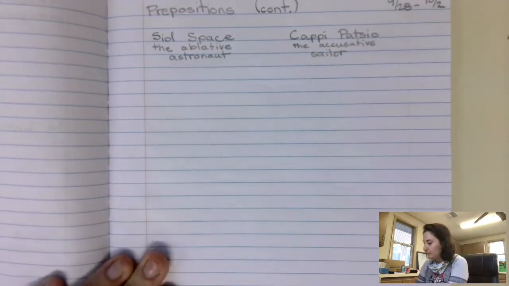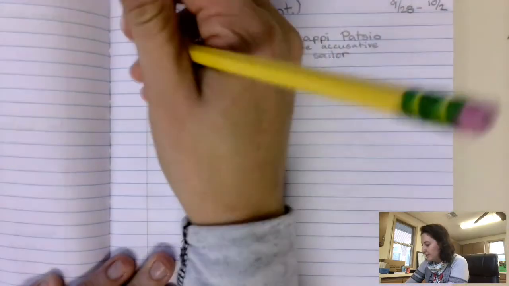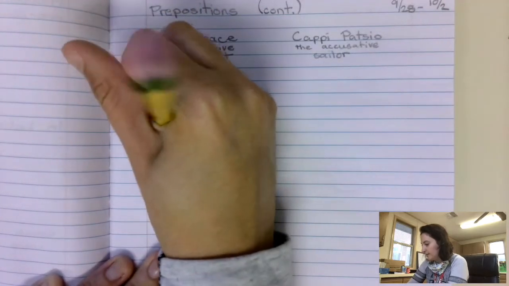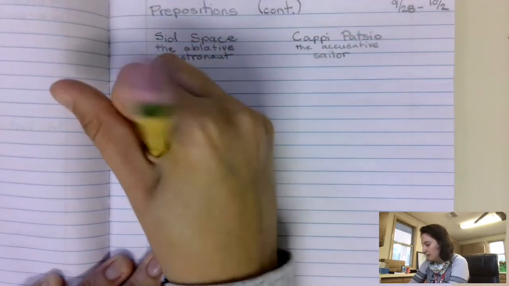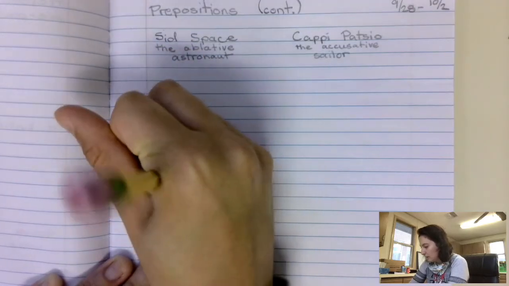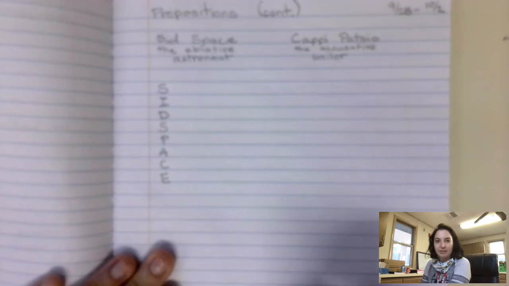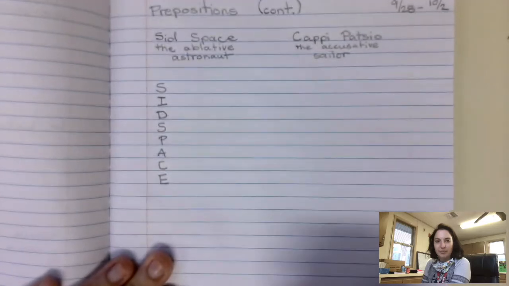So, we can write SID space, which the second S stands for sine, S-I-N-E, which means without. The P stands for pro, which means for.